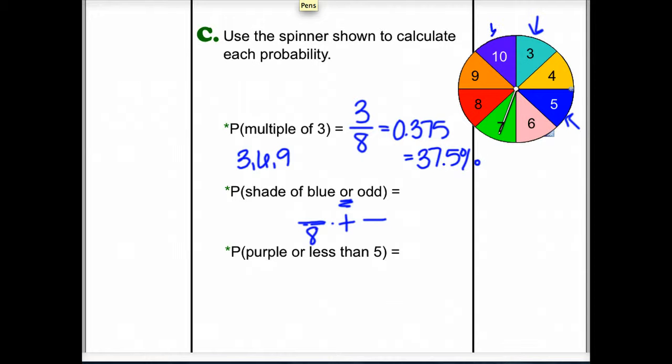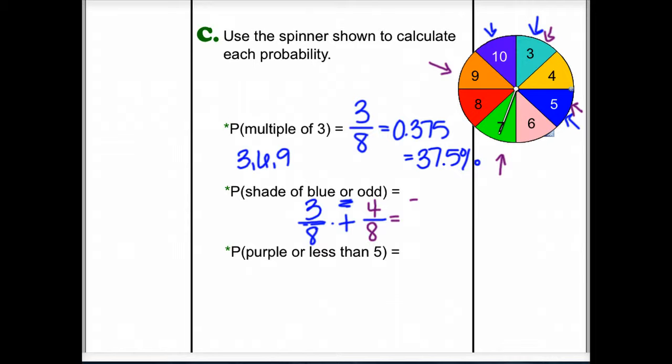This one's actually purple, but you could make the argument for blue, so we will go with 3 out of 8. Odd numbers. That means we could have 3, 5, 7, or 9. And so 3, 5, 7, 9, that's 4 out of 8, which gives me one problem.